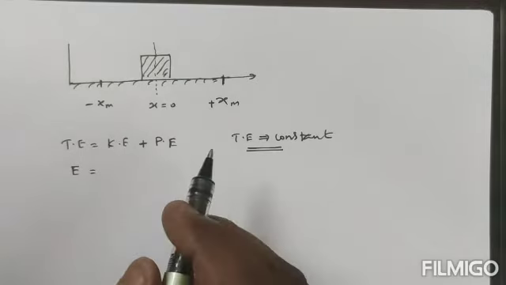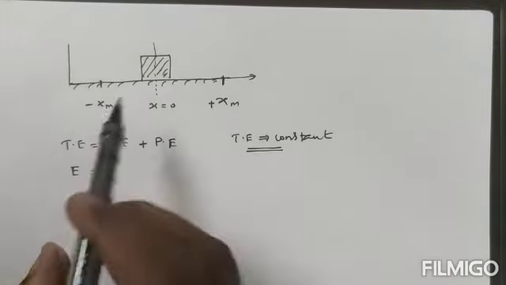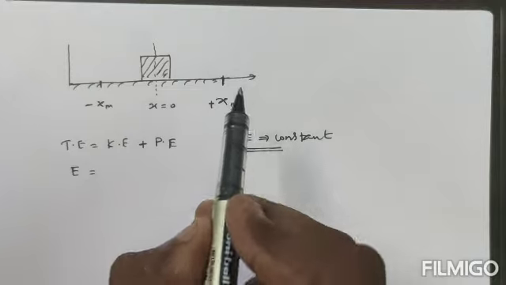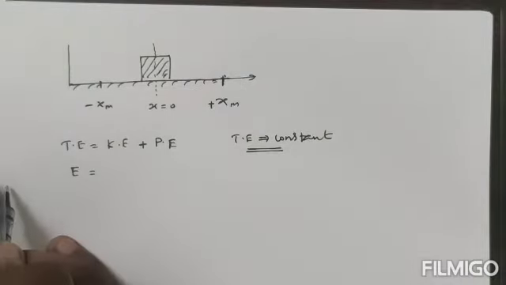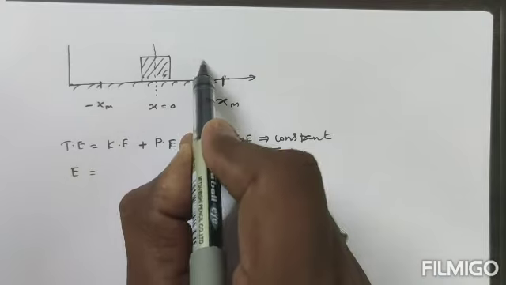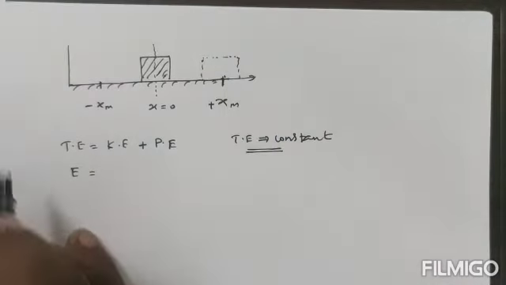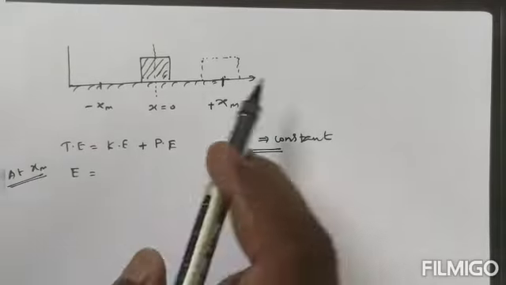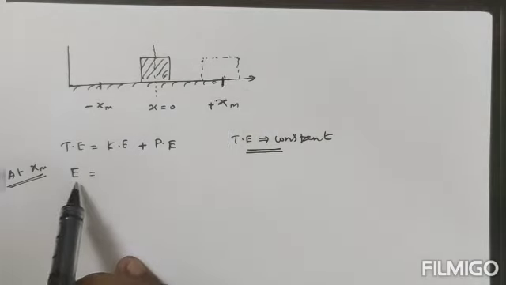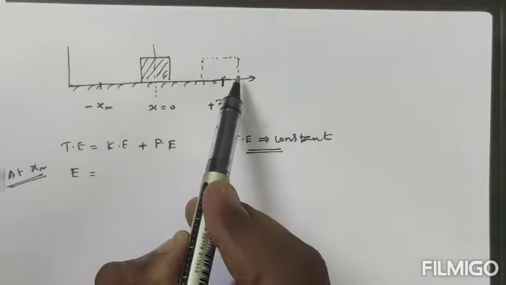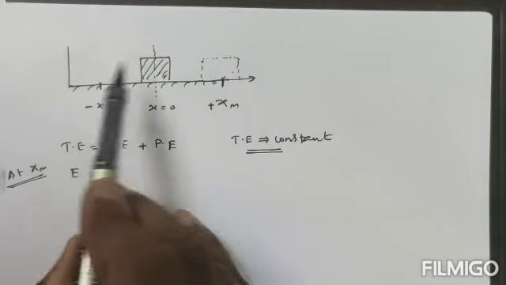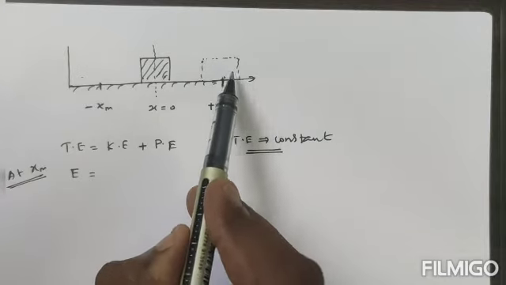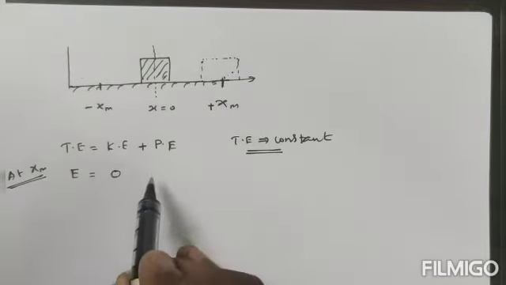Now let us imagine the object reaches the xm position. Here the object is at rest, it is extended, and after that it will not extend further. So the velocity is 0, and the kinetic energy is 0.